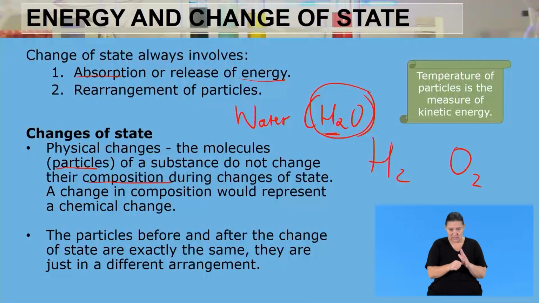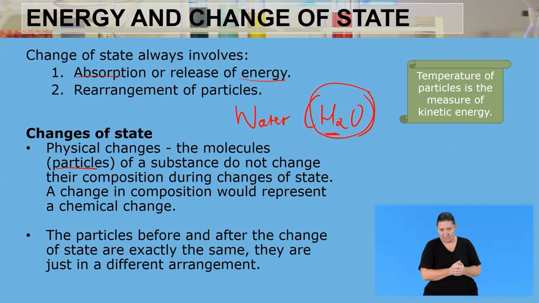The moment we start breaking that molecule into hydrogen and oxygen, we are now talking about a chemical change. We're no longer focusing on the physical change. So in a physical change, the composition of the particles will remain the same.